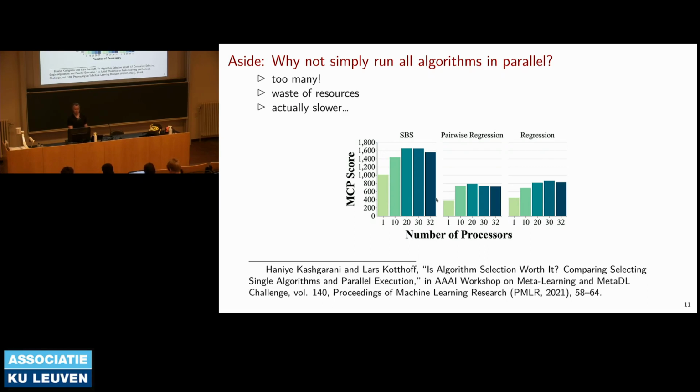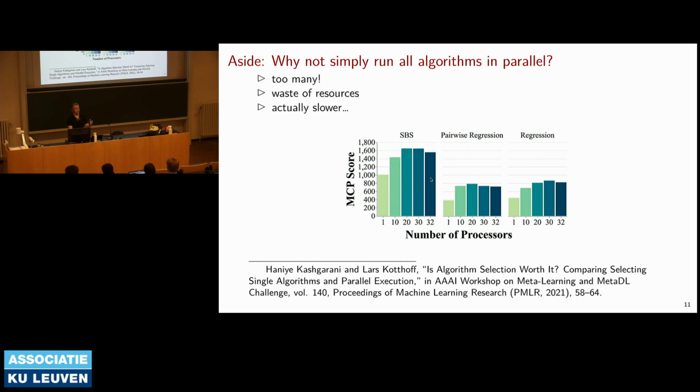So here for 1, 10, 20, 30, 32, etc., processors. What we're really comparing to is essentially this bar here or this bar here for performing algorithm selection. If I simply run stuff in parallel, what we have on the left-hand side, it takes longer.